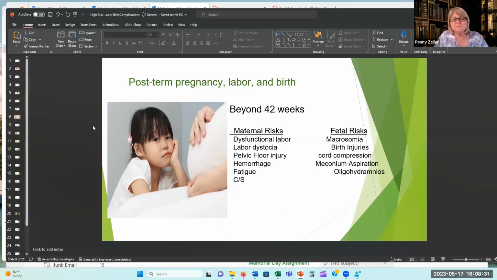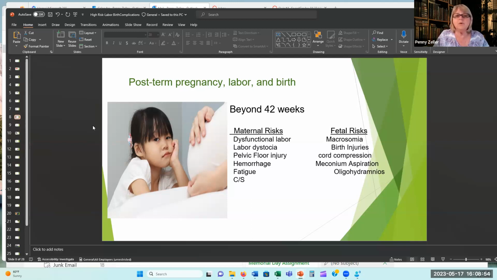Babies are large. They can be injured easily if they're too large. There's also cord compression because the amniotic fluid begins to drop off. That's called oligohydramnios. Oligo means a small amount. Oliguria means small amount of urine.